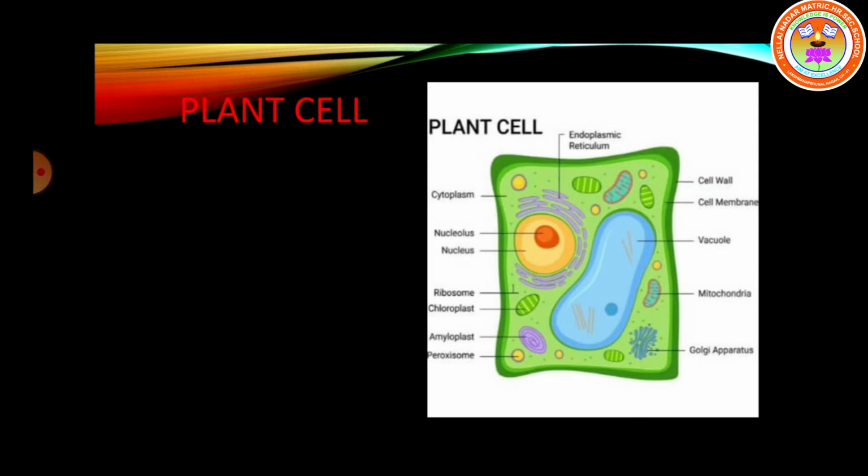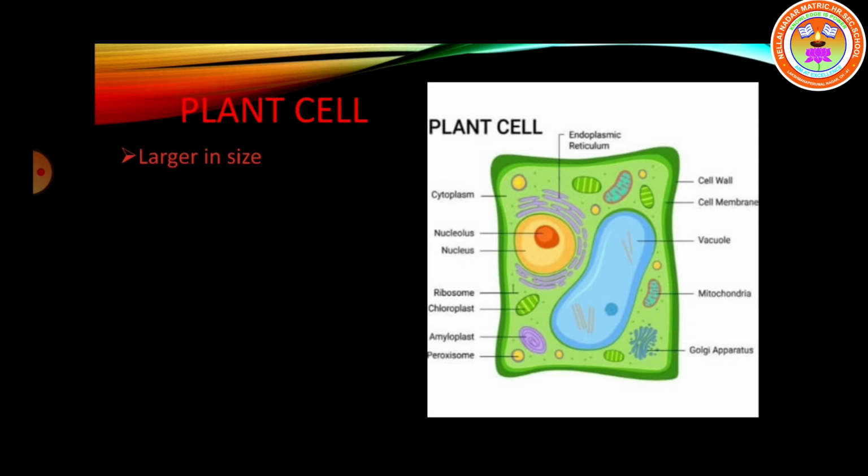Both the plant and animal cells are eukaryotic in nature, and they have well defined membrane bound organelles, and they are larger in size.